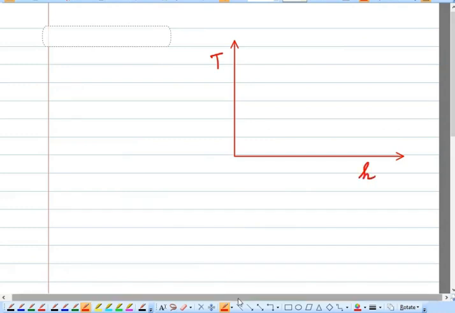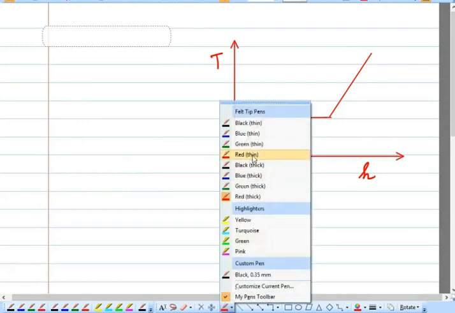Up to now, you have calculated the total heat for 1 kg.